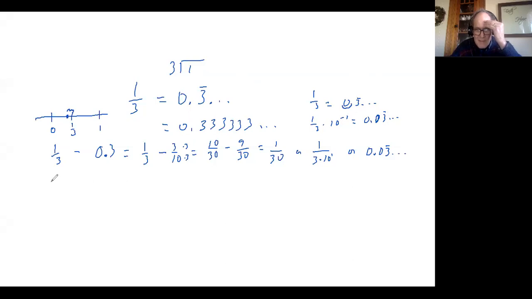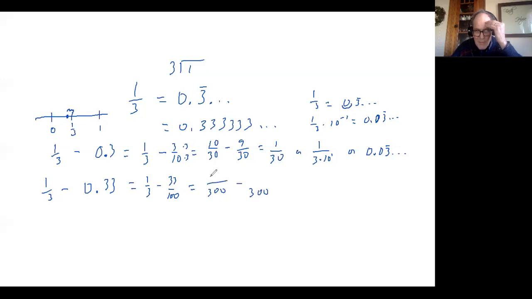So let's take the next estimator. Suppose instead of 0.3, we used 0.33. We add another 3 onto the repeating situation. So what are we going to have there? Well, again, just changing those to fractions, 33 hundredths. And our denominator will be 300, as you can probably see.